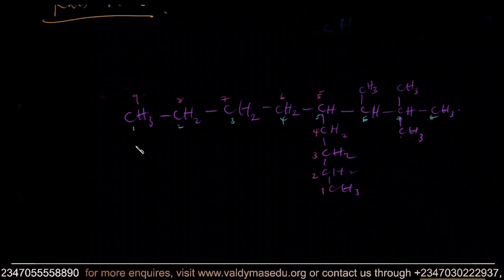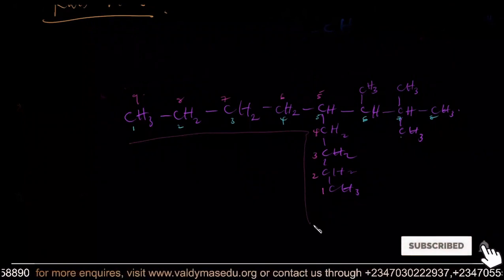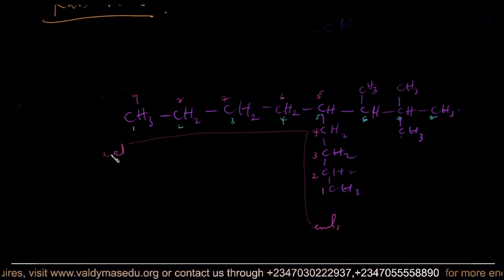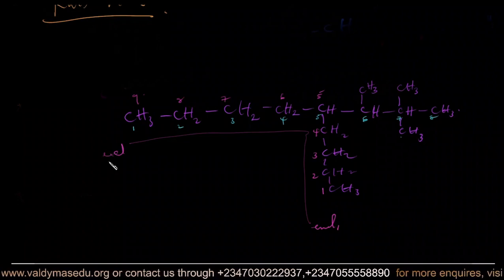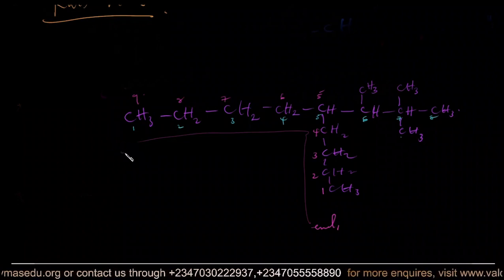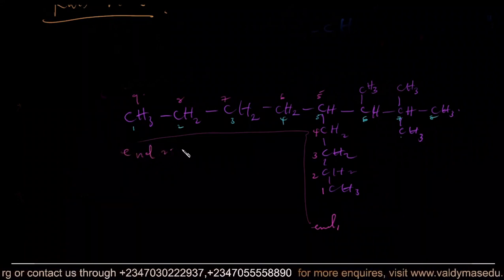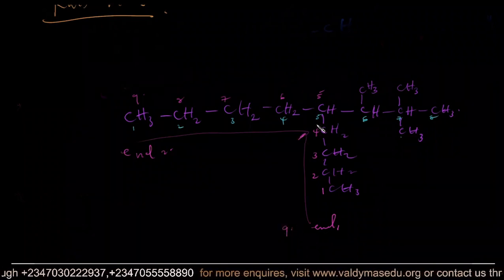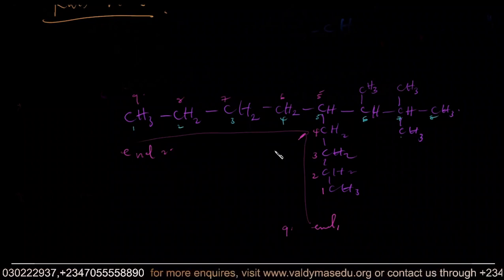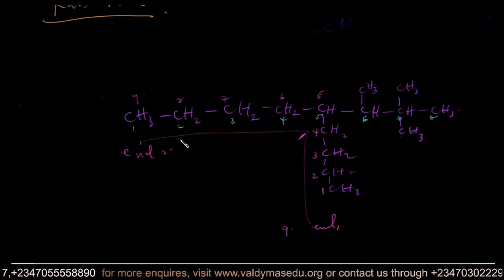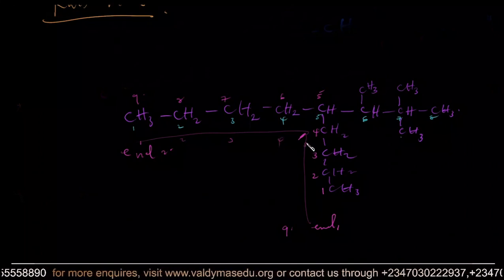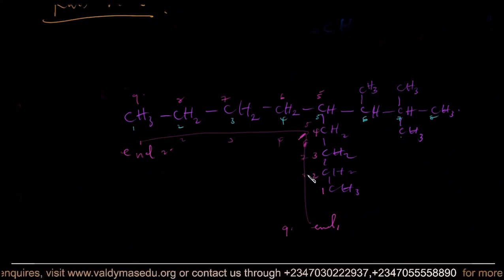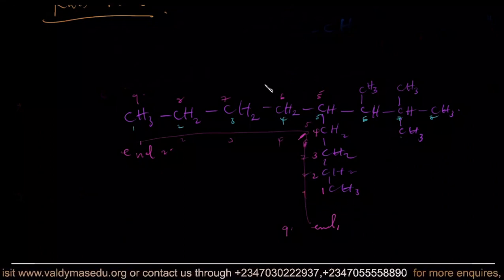So it means that our chain is in this way. If we start from this end 1, or this end 2, we are going to have 9, and we are going to arrive at this junction as our substituent. Either you start this way, numbering 1, 2, 3, 4, 5, 6, 7, 8, 9, we are going to have the same thing either way.